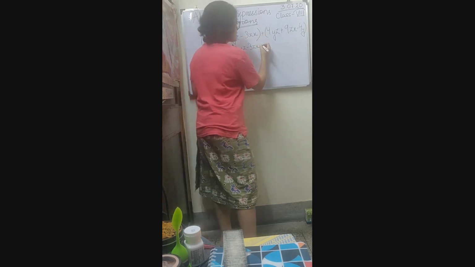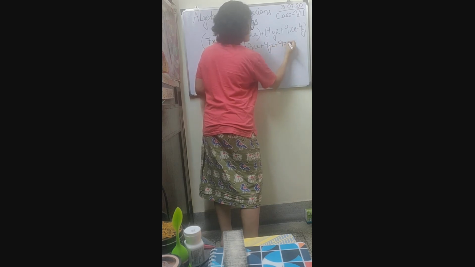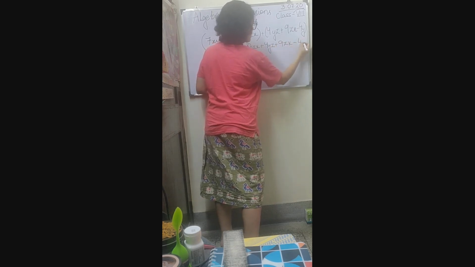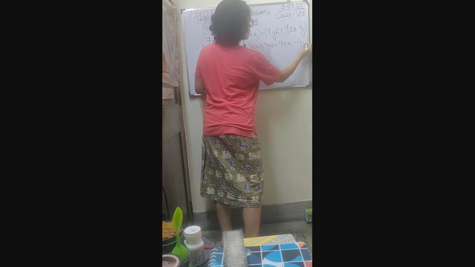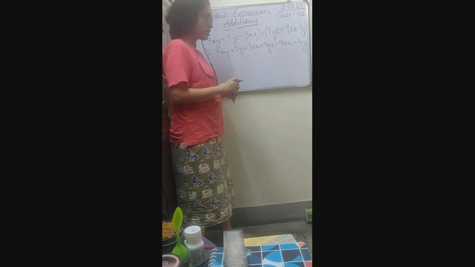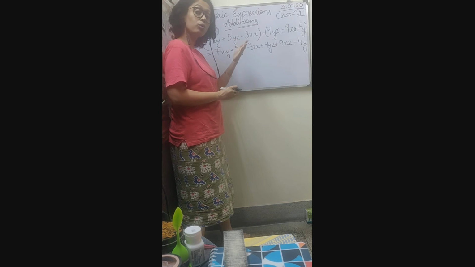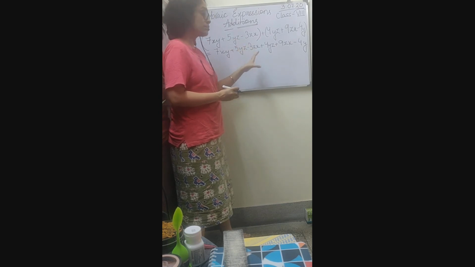We will write it as plus 4yz plus 9zx minus 4y. The next thing that we have to do is group similar, or as I told you earlier, like terms together.